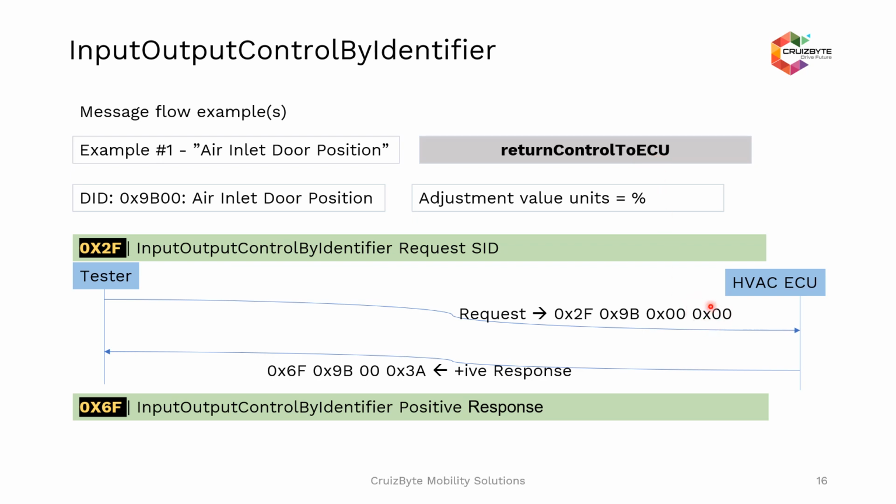By providing this, the positive response is 0x6F, 9B00, and 3A. 3A is the current state of the air inlet door position percentage. I think this is approximately 58 percent or so. So by looking at this, the sequence is that first you set the value, and you should also release that particular DID with the help of return control to the ECU.